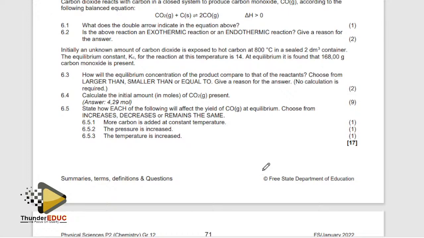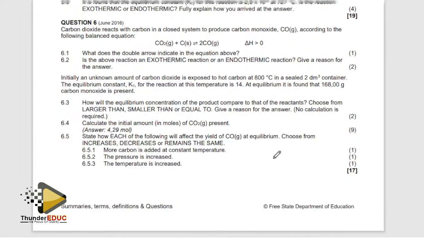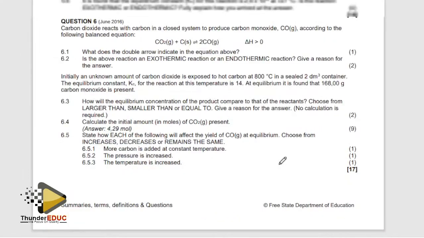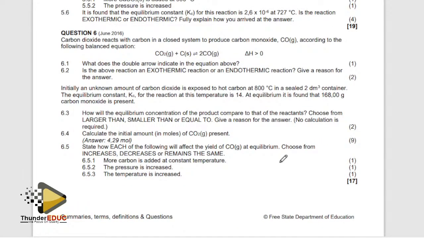Let me show you the chemical equilibrium. Let me check here for a question. This one could be good. Question 6. They are asking, what does the double arrow indicate?